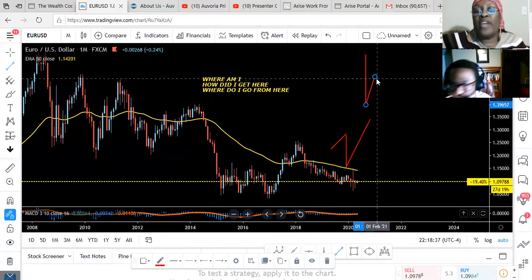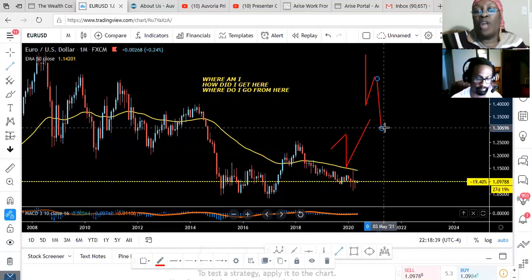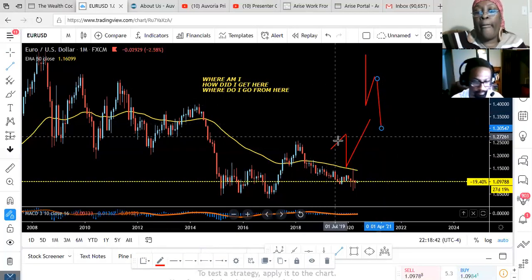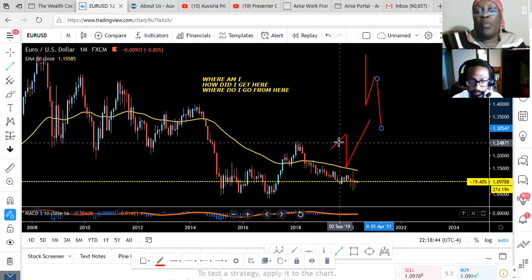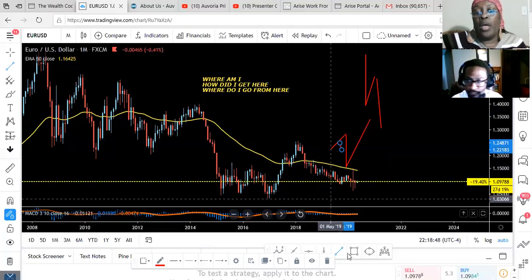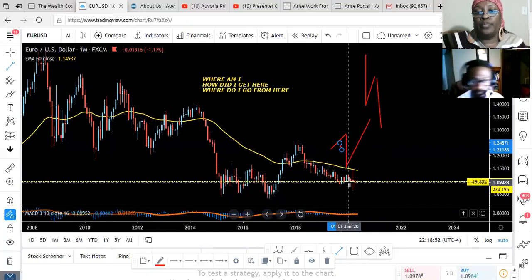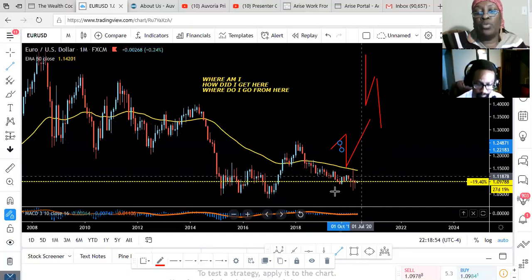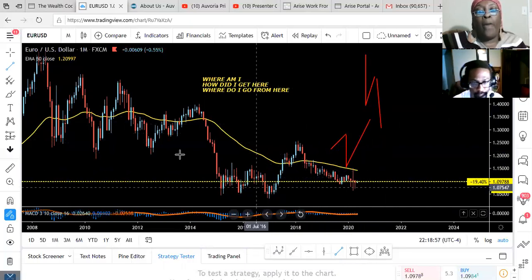And the continuation is always in the direction of the impulse. And that's what the market does all day, every day. That's how it moves, right? And I'm going to show you on the chart. Okay, so.